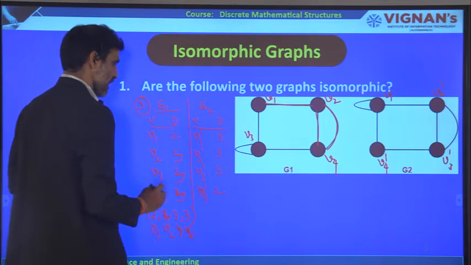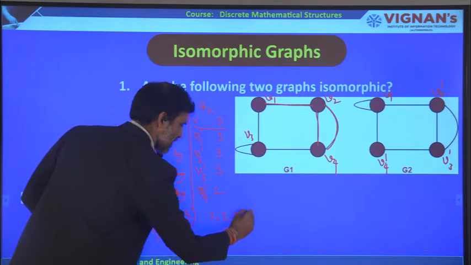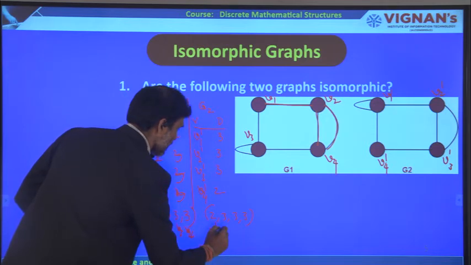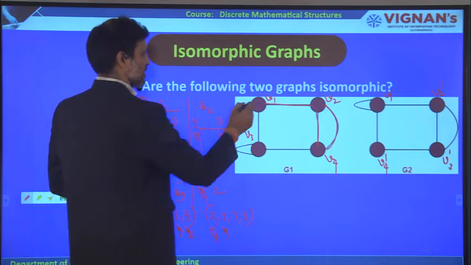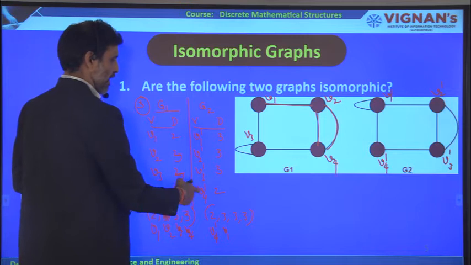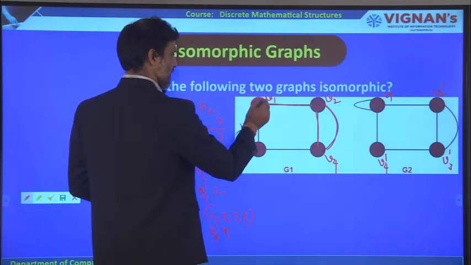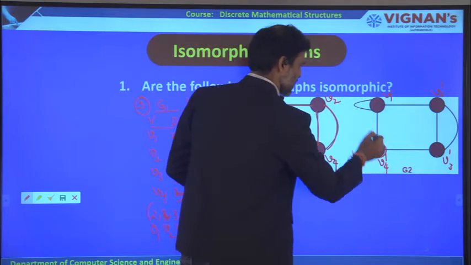It indicates 2, 3, 3, 3. So for the first vertex, if you observe, V1 has degree 2 and V4 has degree 2. So the first vertex we are taking in graph G1 corresponds to V4 dash in graph G2.